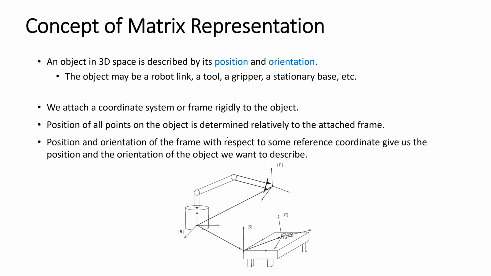And the concept of the matrix representation for a manipulator is that every object in 3D space can be described by its position and orientation.